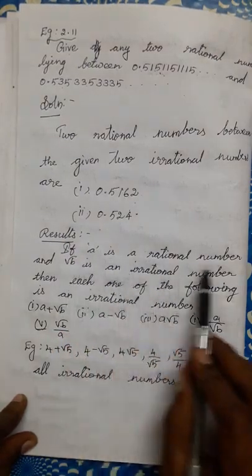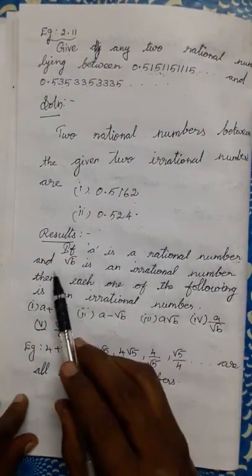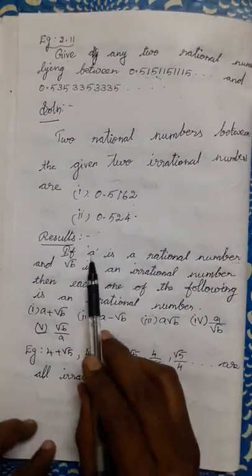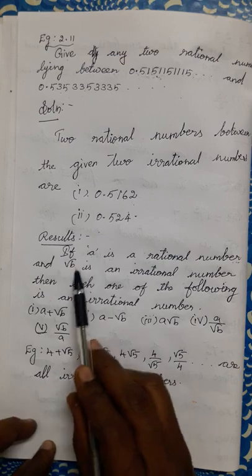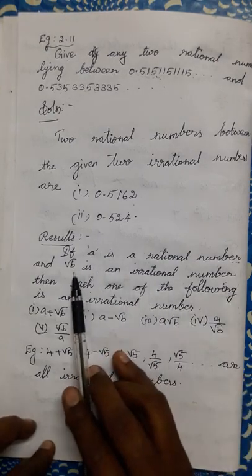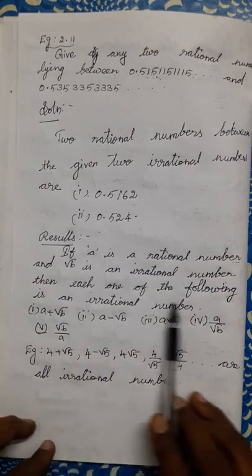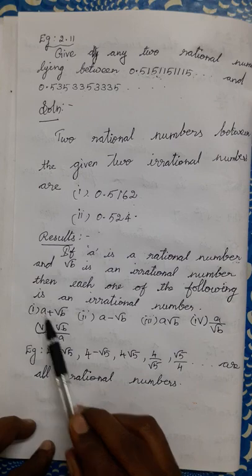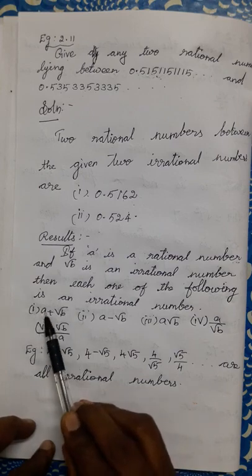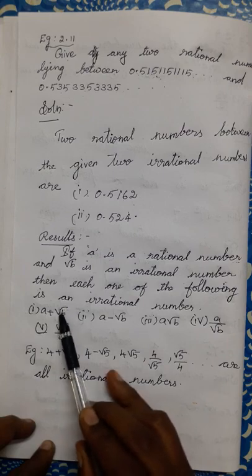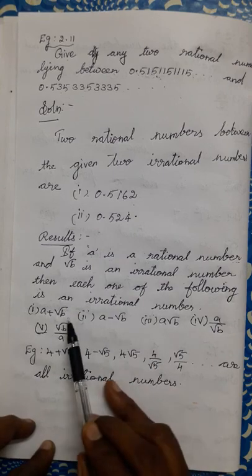If A is a rational number and root B is an irrational number, one rational number and one irrational number, then each one of the following is an irrational number. A plus root B: a rational number plus an irrational number is an irrational number.